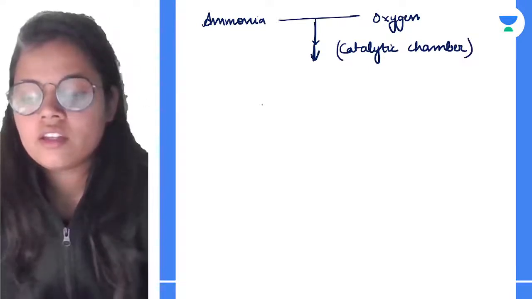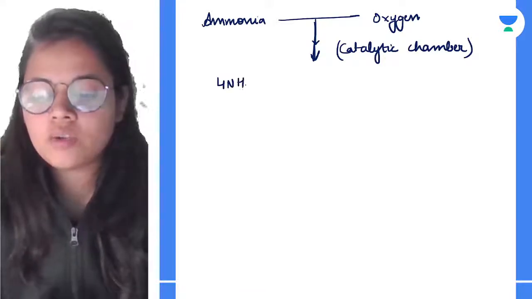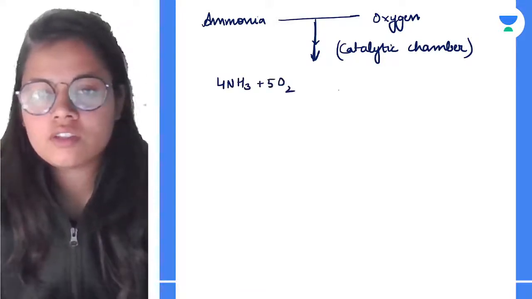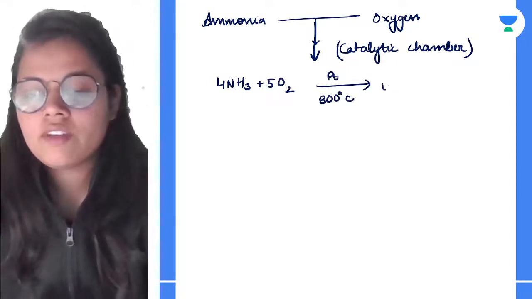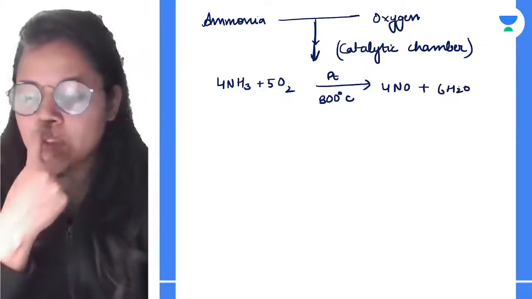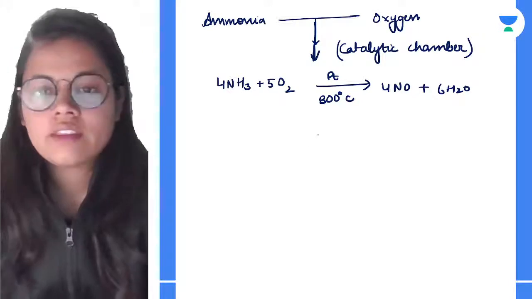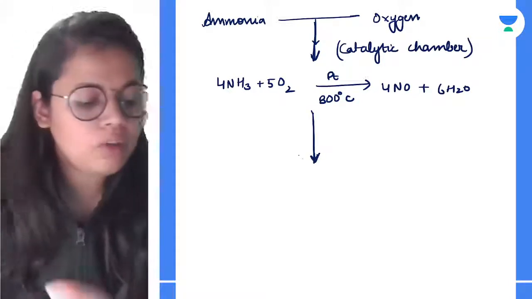Now what is the reaction that takes place over here? We have taken ammonia and oxygen. The catalyst is platinum. The temperature is 800 degrees Celsius, and we get nitric oxide plus water. The reaction is exothermic. Now over here the temperature is reduced, which means the gases are cooled down.